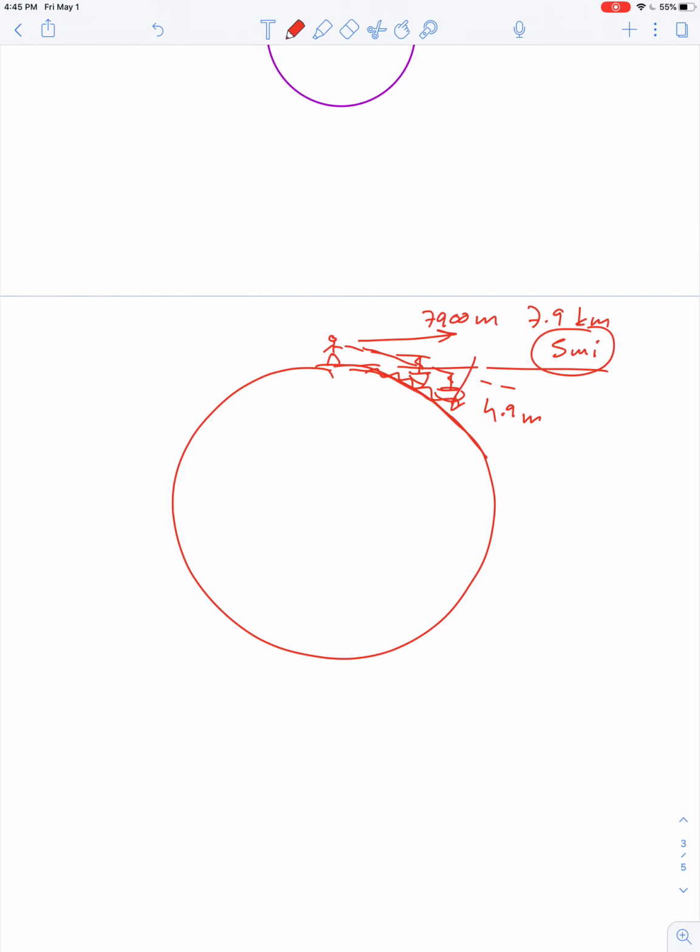So for every 5 miles out across the horizon, the Earth drops 4.9 meters, and 4.9 meters is about the same thing as 16 feet. So the Earth sinks 16 feet for every 5 miles outward.